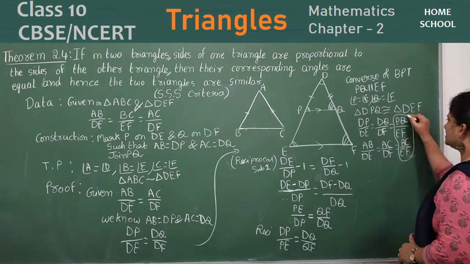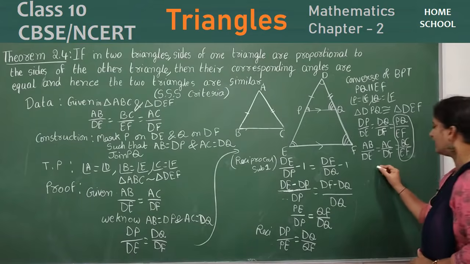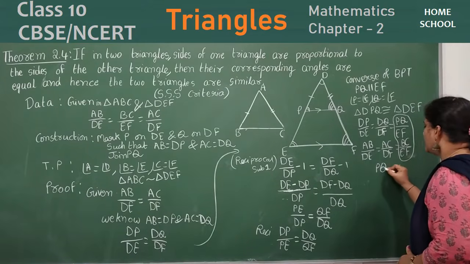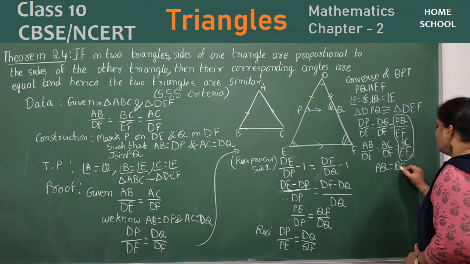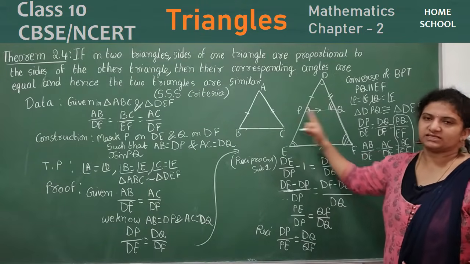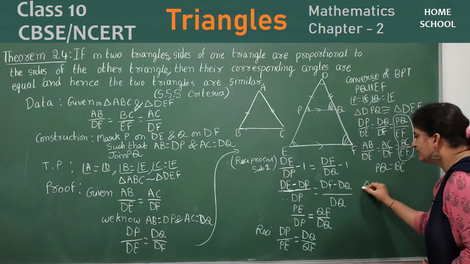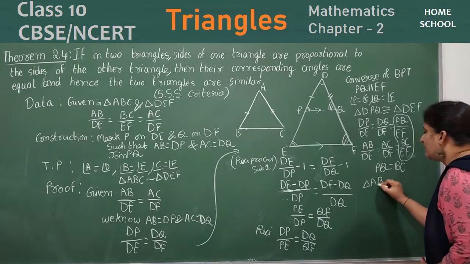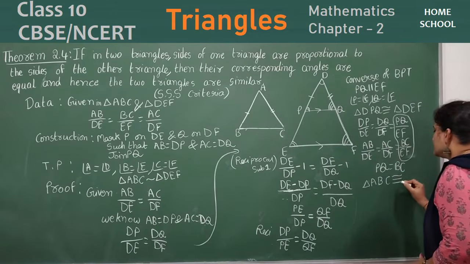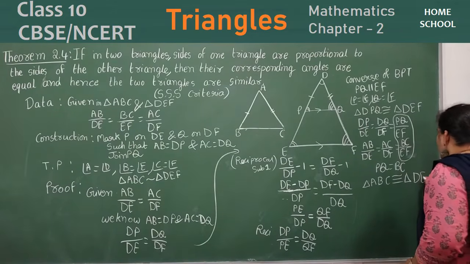Now compare these two here, children. Remaining all are the same. Then when we compare this, we are going to get PQ is also equal to BC, or PQ is equal to BC, or BC is equal to PQ. Then finally, what can I say here? Triangle ABC is congruent to triangle DEF.